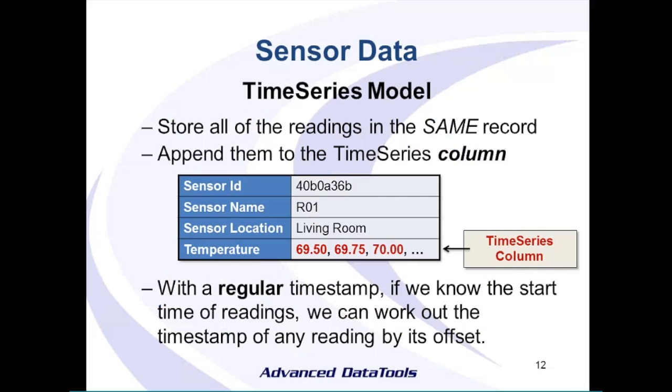And in our case, we're using a regular timestamp. Each time we get a data value, we know it's 1 minute later than the previous value. So if we're using this regular time series, we can work out the timestamp for any value by its offset. So now we don't even need to store the timestamp. So it's pretty obvious we've got a lot less overhead now, and this data is going to be much more compact.